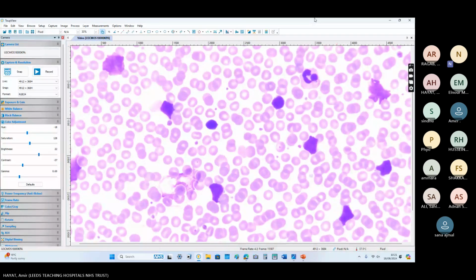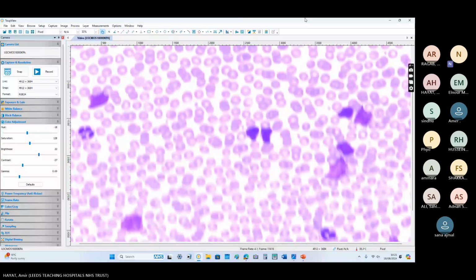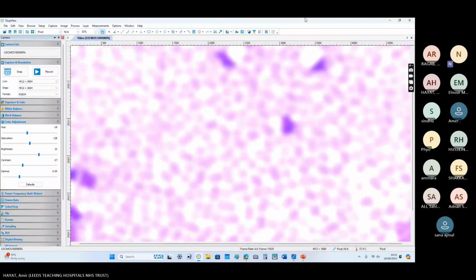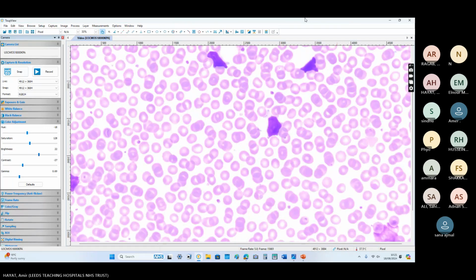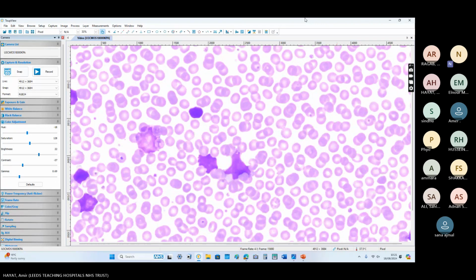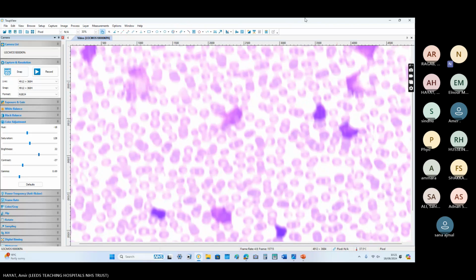There are also smudge cells on the smear, and the RBC morphology seems to be normocytic, normochromic, and the platelet count seems to be low normal. The blood findings are most likely consistent with a lymphoproliferative disorder, and I would like to confirm the findings by flow cytometry on peripheral blood.